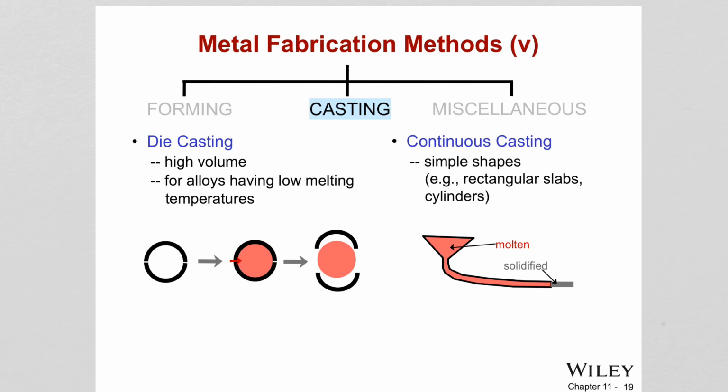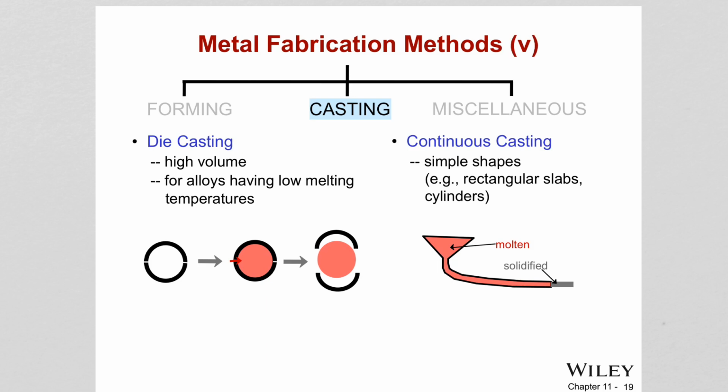There is also die casting. In die casting, the liquid metal is forced into a mold under pressure at a relatively high velocity and allowed to cool. The difference here is that the die is permanent.